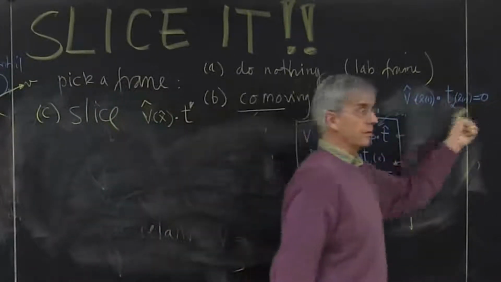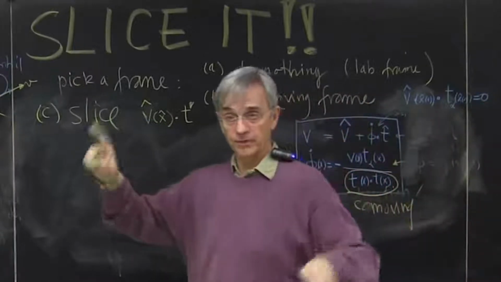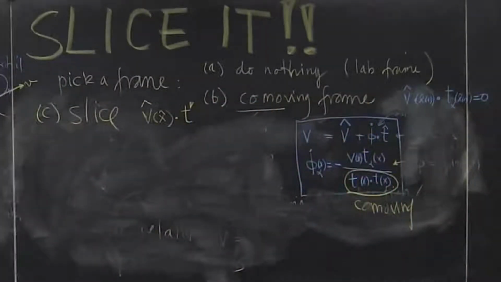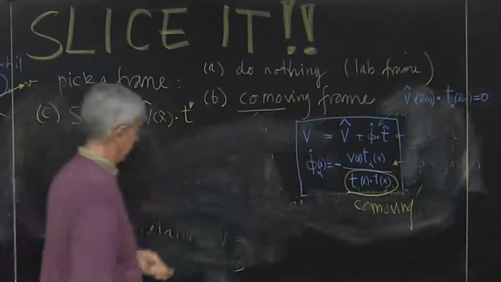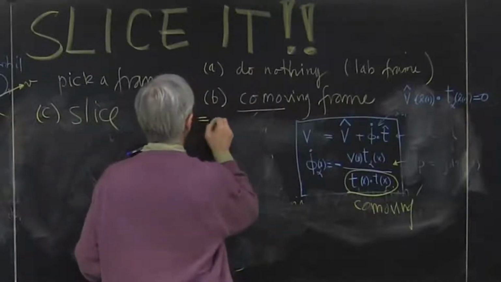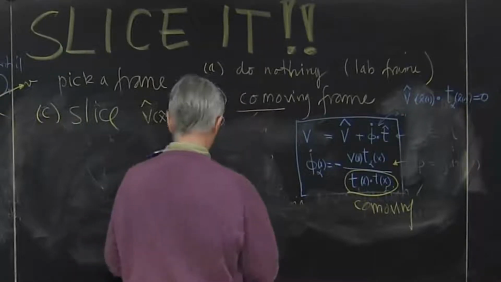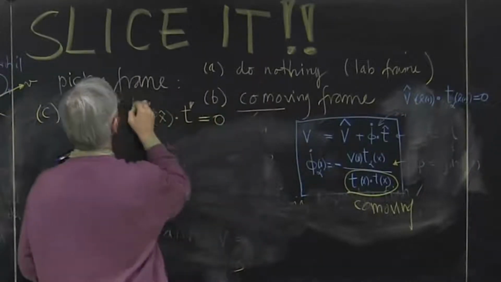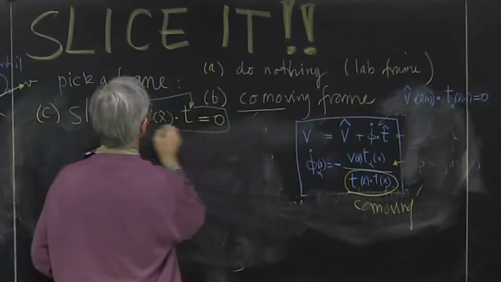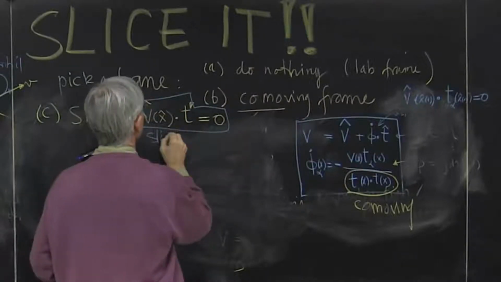See, here it was a local statement, but this is now a global statement. So the hyperplane is defined by one particular point called the template, at the tangent at that point. Now the condition is that the velocity should be in the slice. So this is a slice condition.